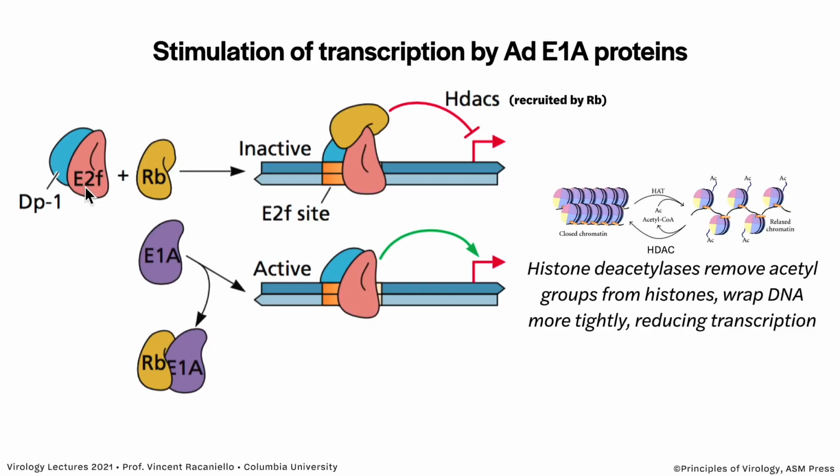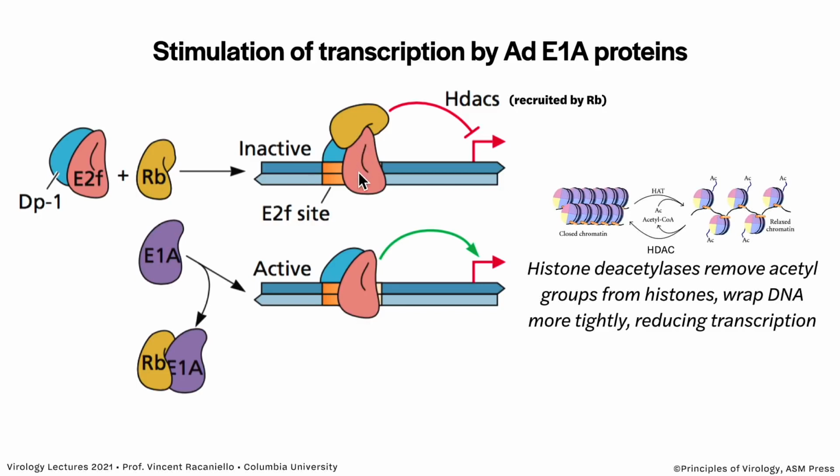Normally, in the cell, they're complexed with a protein called RB, retinoblastoma. It's the loss of this gene that makes eye tumors in kids. We're going to see how that works later on. So normally E2F is complexed with another protein, DP1, but it's also complexed with RB in the cell.